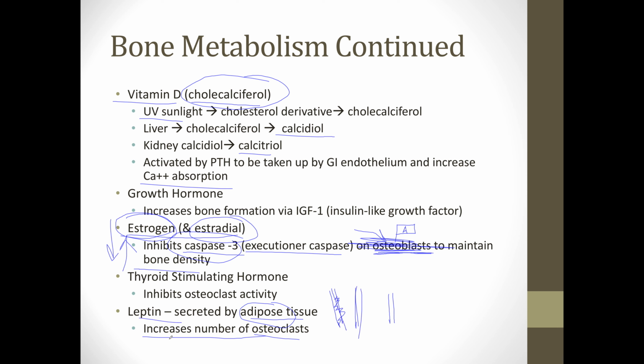So leptin increases the amount of osteoclasts to break down bone continually, making it stronger and thicker. So actually, obesity is a protective factor against osteoporosis because there's a stronger skeletal mass with a larger body mass index.